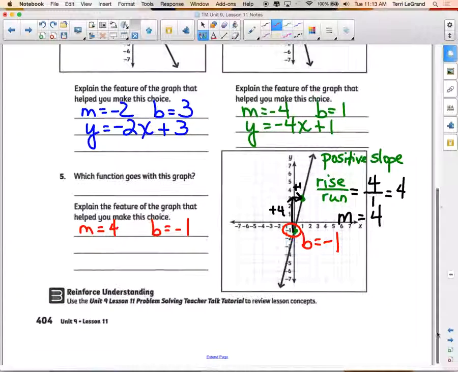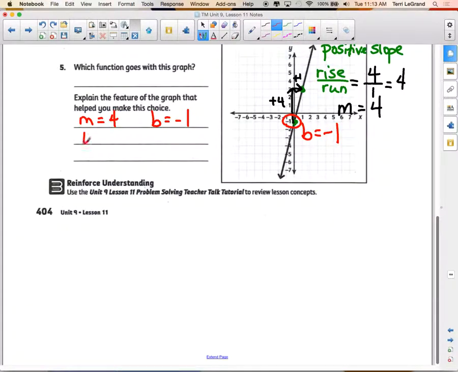When we put those into the equation y equals mx plus b, we get y equals 4 is the multiplier on x, plus -1. What do we clean this up to be? How does this clean up? 4x what? Subtract 1. And now, does it match with that final equation we have?